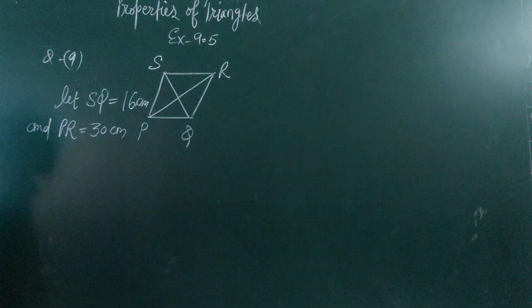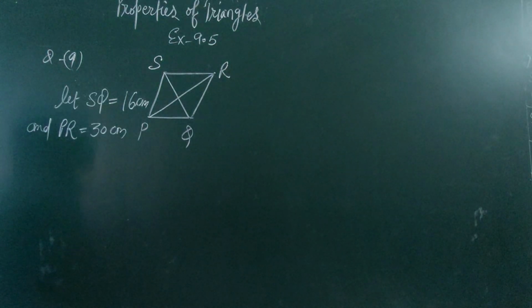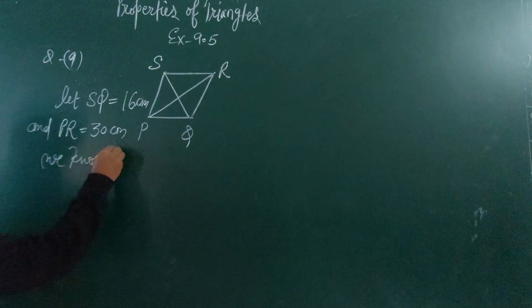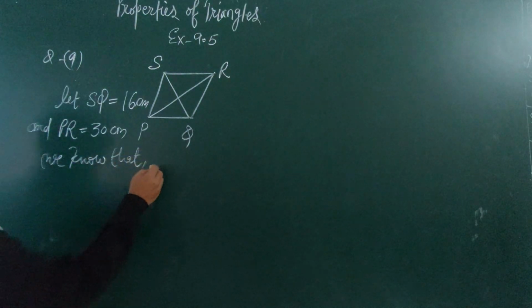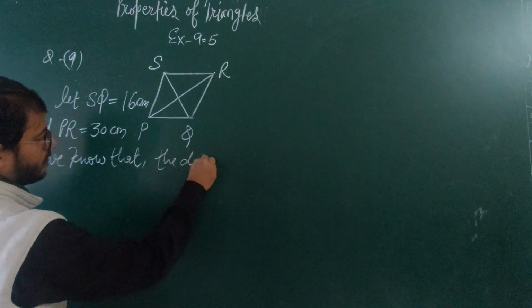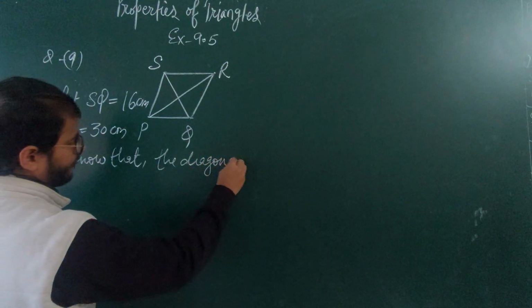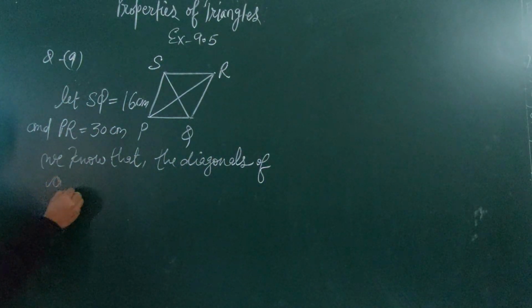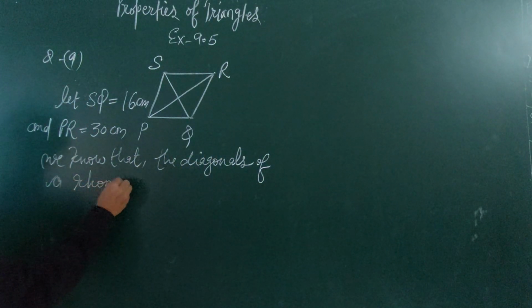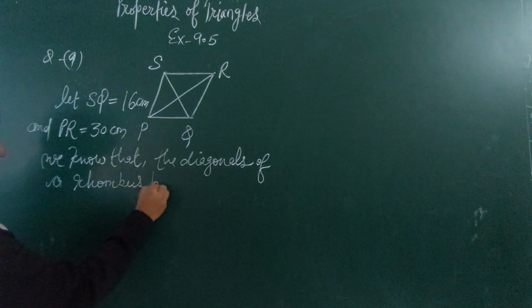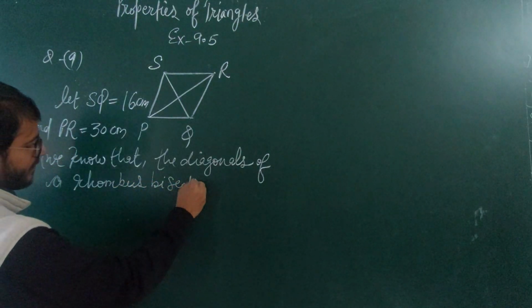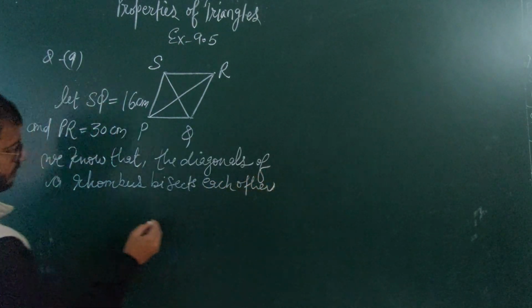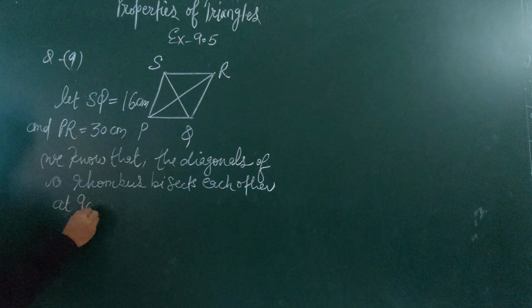Here we will apply one property of rhombus. We know that the diagonals of a rhombus bisect each other at 90 degrees.